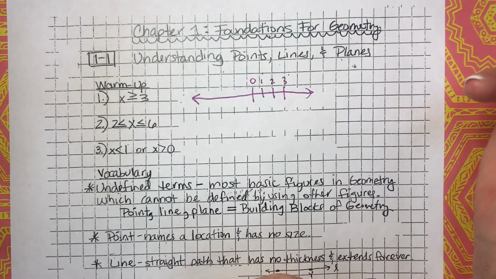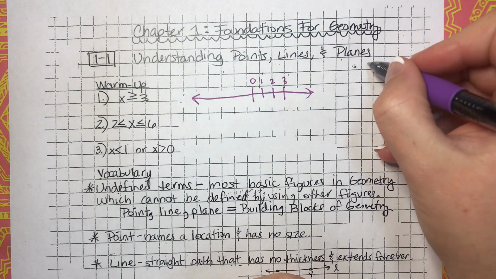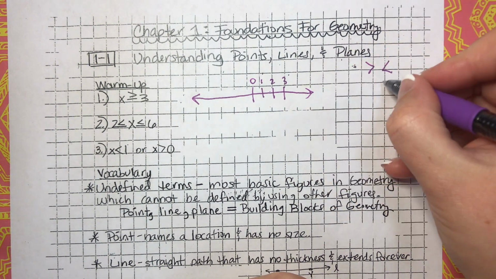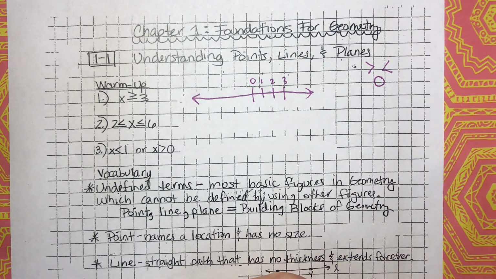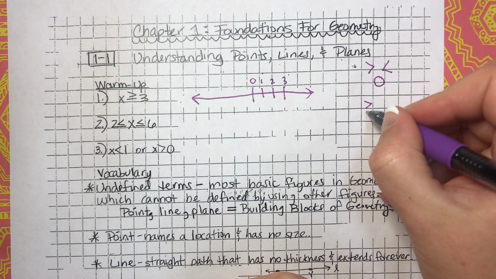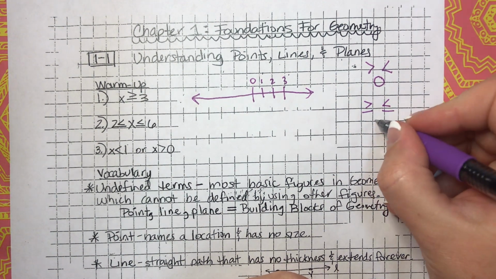Now, whenever you're dealing with inequalities, you have greater than or less than signs, and you have to know that when you graph those, you use an open circle. And when you have greater than or equal to, or less than or equal to, you have a closed circle.